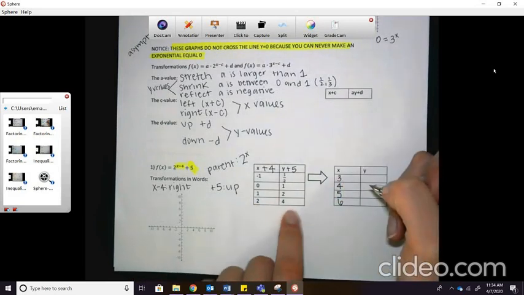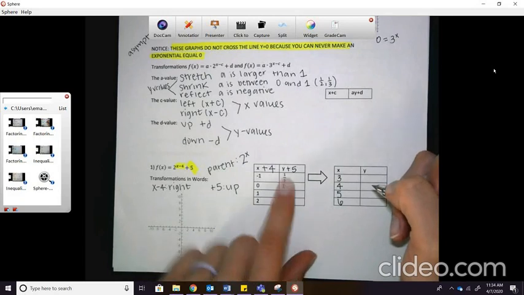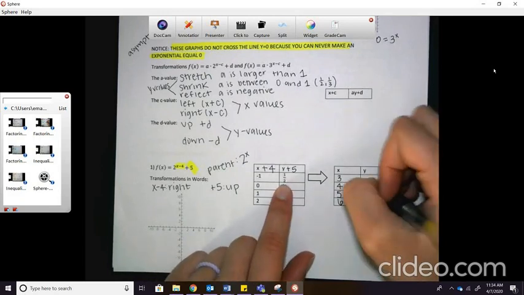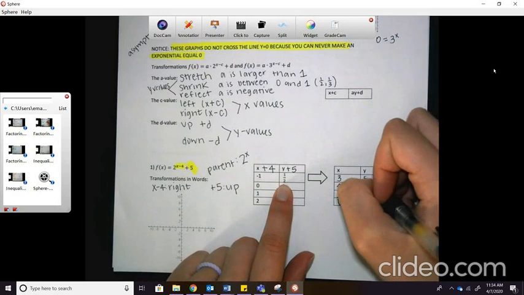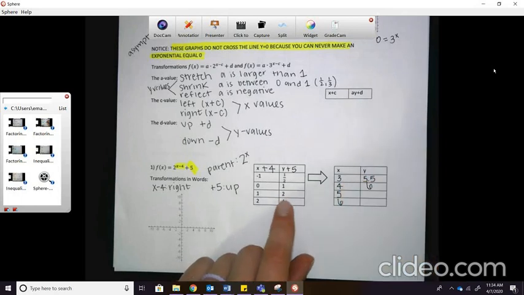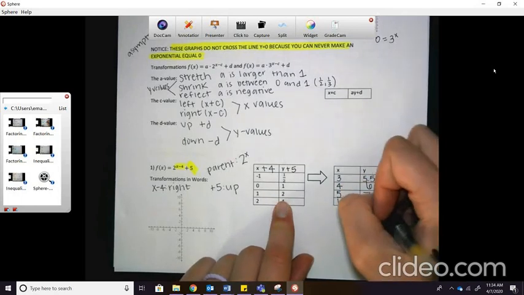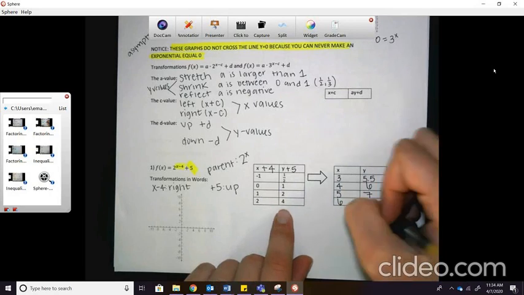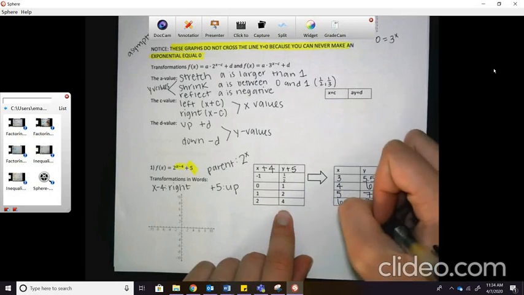Now I'm going to take all my y's and add 5. So 1/2 plus 5, I'll put it as a decimal, I know you guys like that, 5.5. 1 plus 5, 6. 2 plus 5, 7. And 4 plus 5, 9.